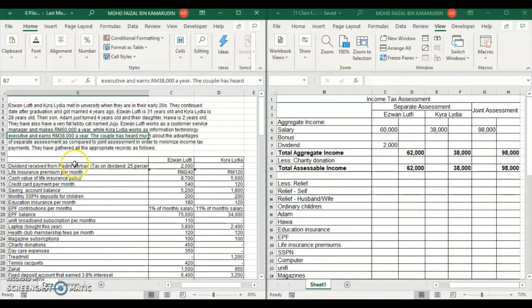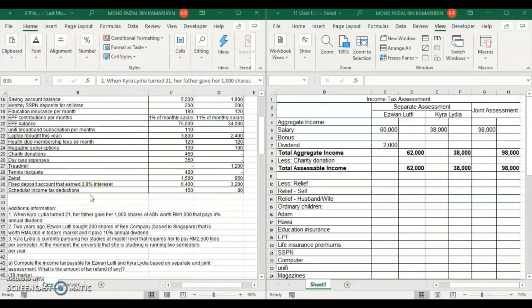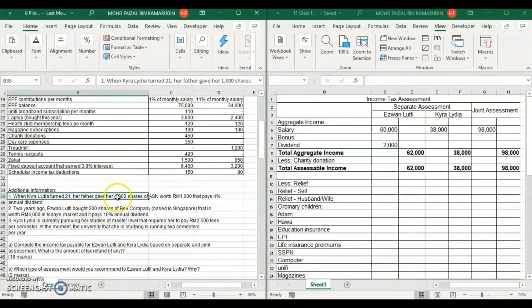Okay, so look into each item, then we have to decide whether the item is taxable or not. So we have dividend, life insurance, cash value, up until, okay, so this is all the items that you have to look into and then decide whether it is taxable or not. What else do we have here? So the first one, additional information.